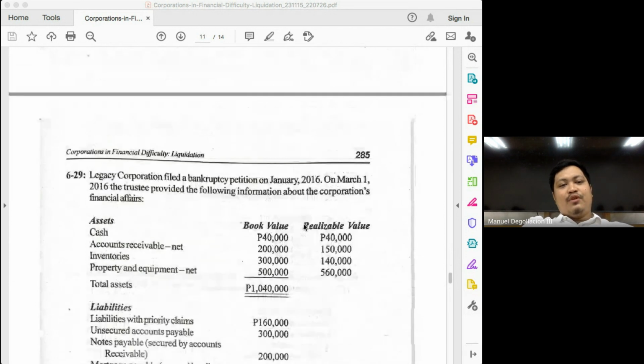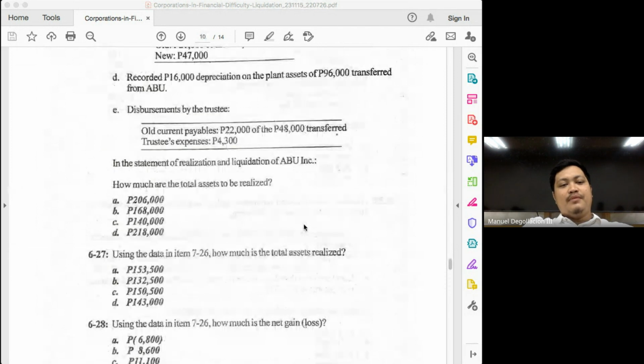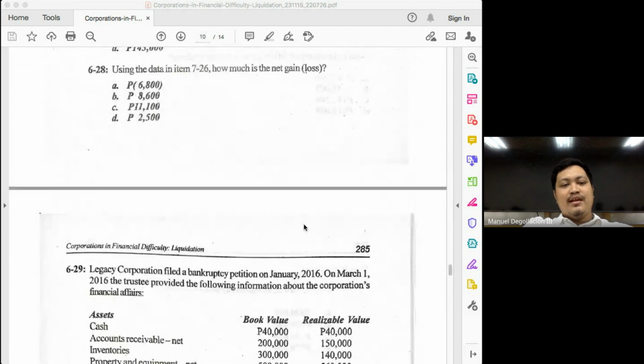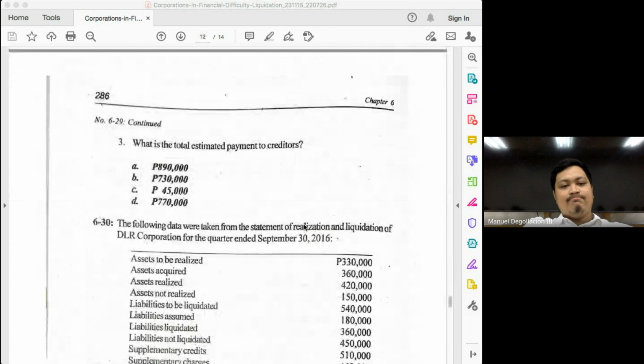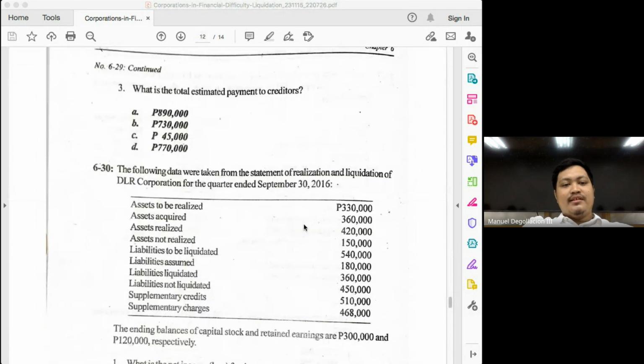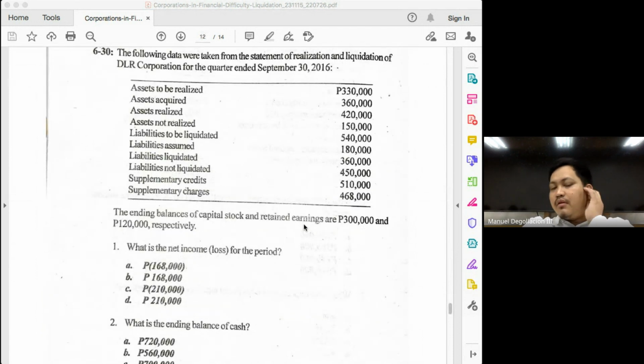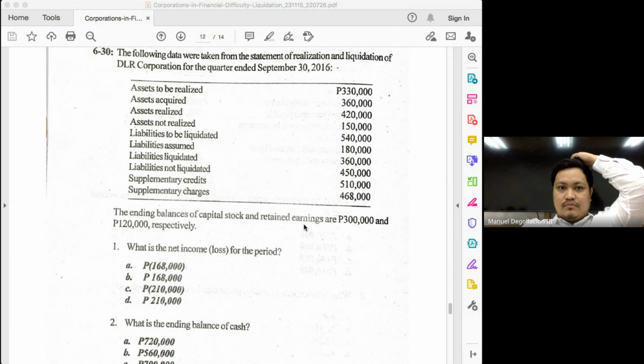And just for us to find connection with the problem 6-26 to 6-28, let's skip to problem 6-30. Okay, so basically we can approach this class as a T account lang class.